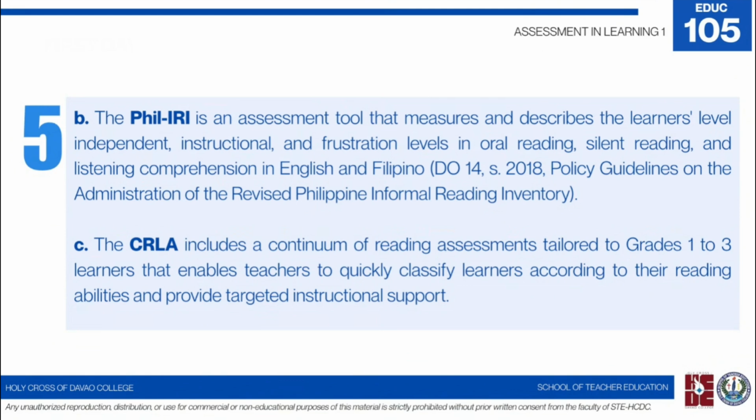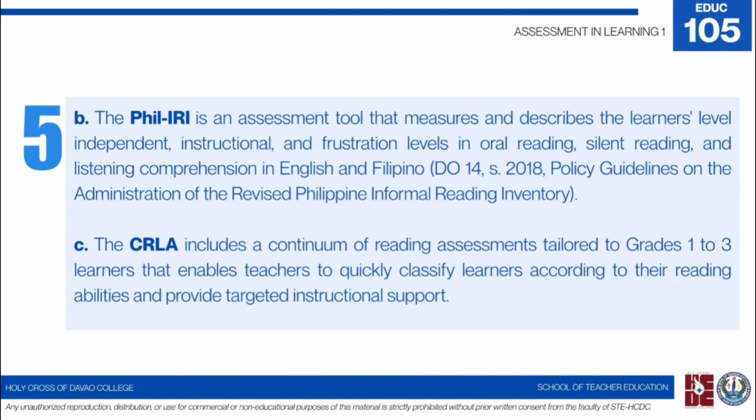The CRLA, or the Comprehensive Rapid Literacy Assessment, is a more targeted tool designed specifically for grades 1 to 3 learners, the foundational years of formal literacy development. As its name suggests, it is designed for rapid classroom-level use, meaning teachers can administer it relatively quickly and use the results to make immediate instructional decisions.